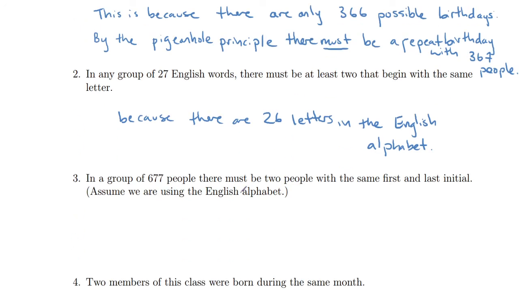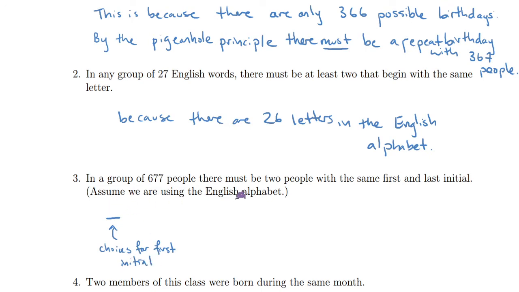Okay, in a group of 677 people, there must be 2 people with the same first and last initial. And we're assuming we're using the English alphabet again. Well, why would that be? Let's think about how many combinations you can have for first and last initial. How many choices for first initial?